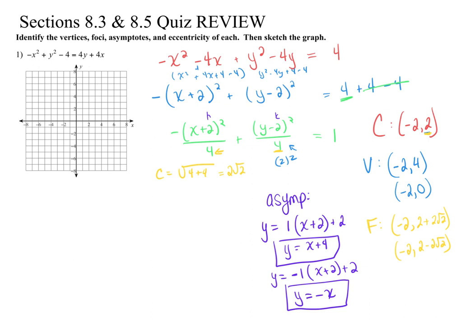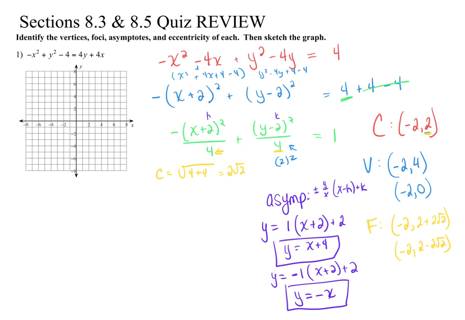Remember, your asymptote is positive or negative, the number under your y over the number under your x, times x minus h, plus k. That is your asymptote, okay? C over A, yeah.